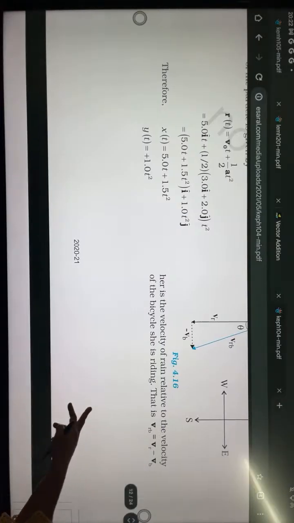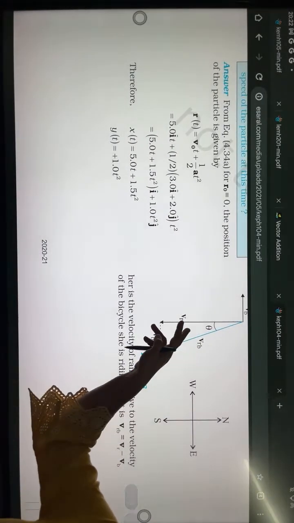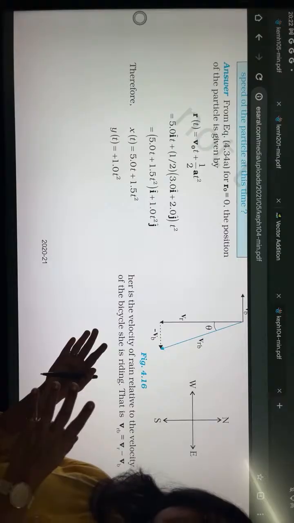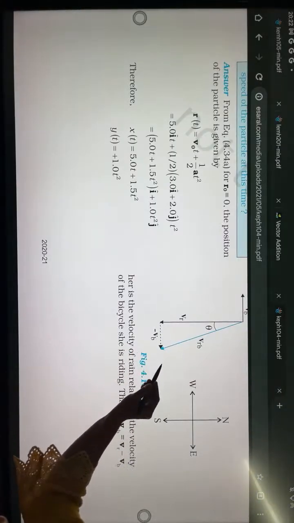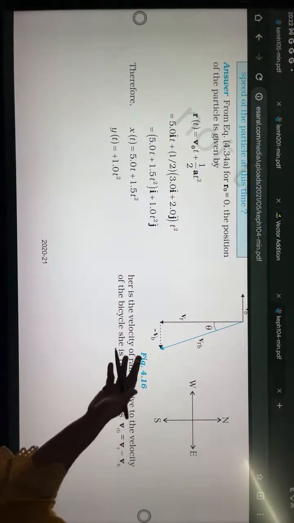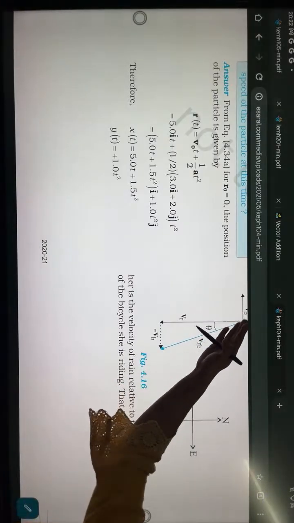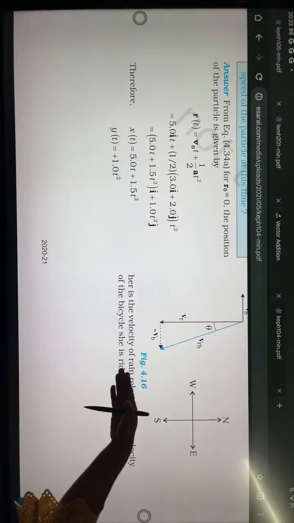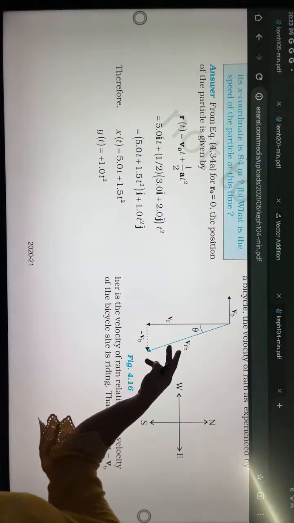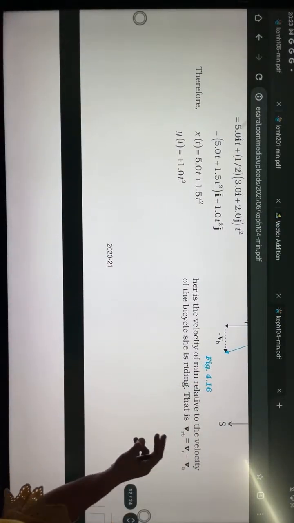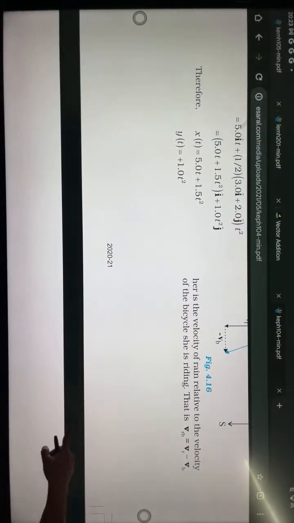In order to solve this using the triangle of addition, we are just reversing the bicycle's direction, and then you are getting the resultant as the third side of a triangle. That is VRB is equal to VR minus VB.